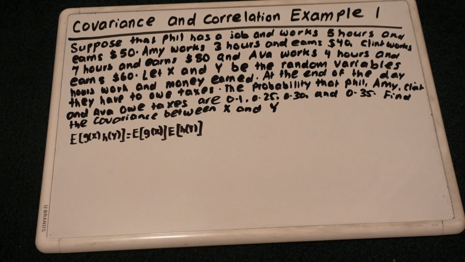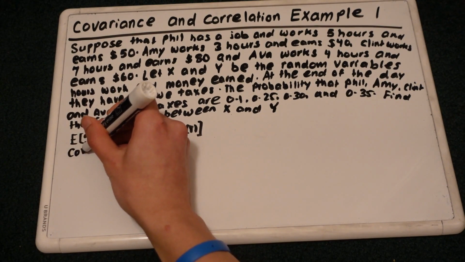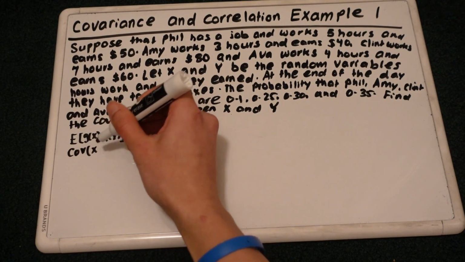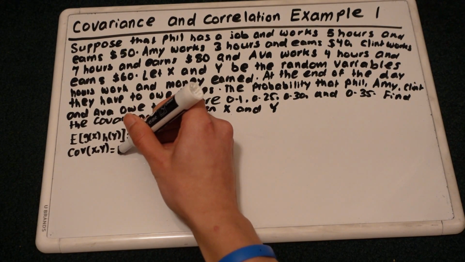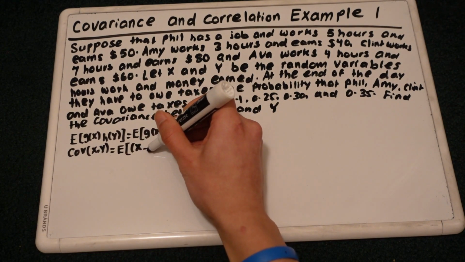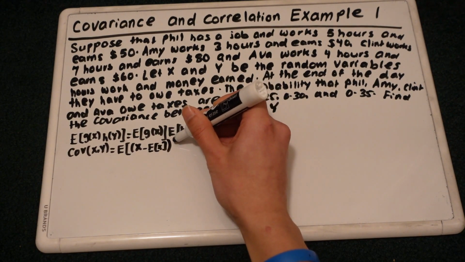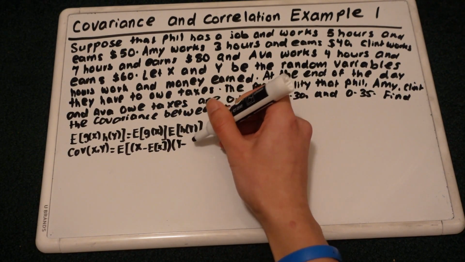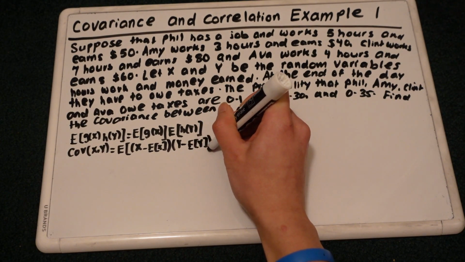So let me write down the formula for a covariance, since this is the problem dealing with covariance. The covariance of x, y is equal to the expectation of x minus E of x times y minus the expectation of E of y.